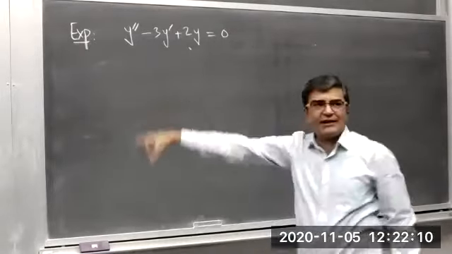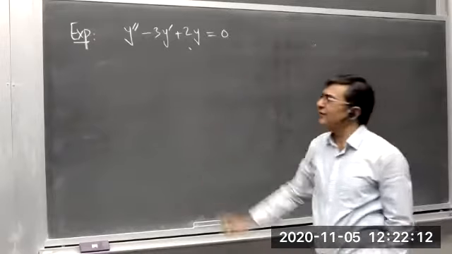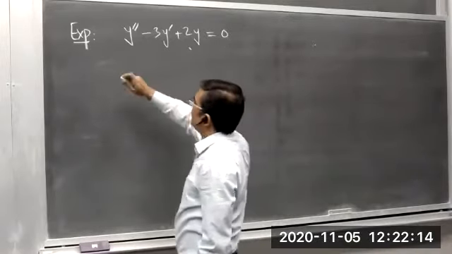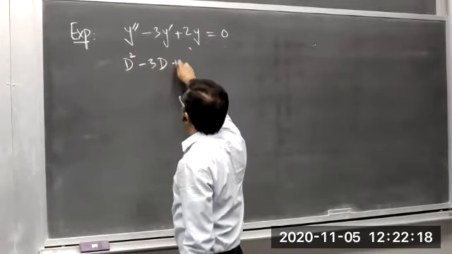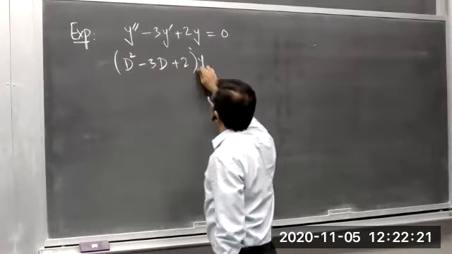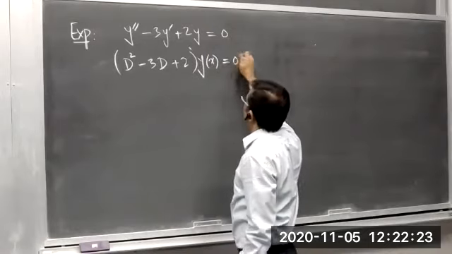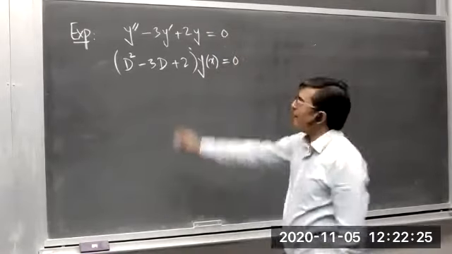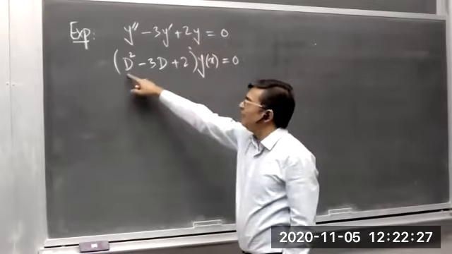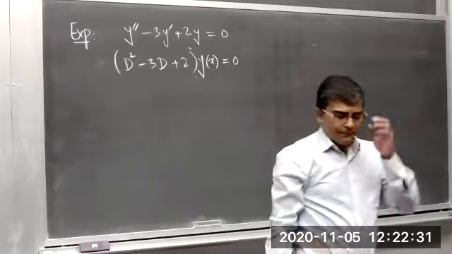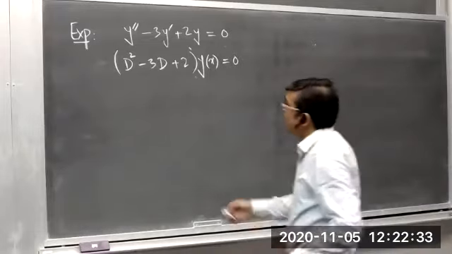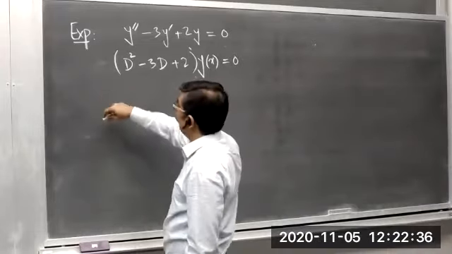Then we can use this technique to find the general solution. Now, from this equation, I can write it in this form: D squared minus 3D plus 2 times y of x is equal to 0. Why do I write this differential equation in the first step in this form? Because this form makes it easy to write the characteristic or auxiliary equation.